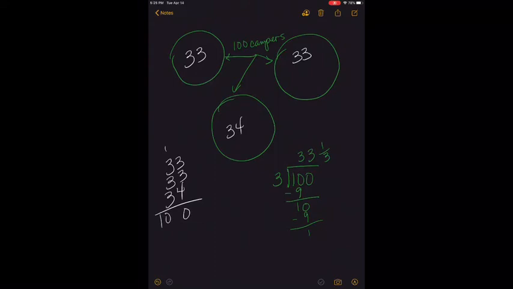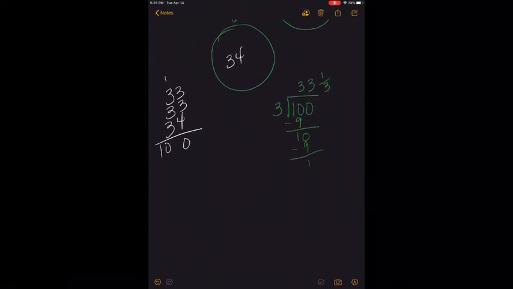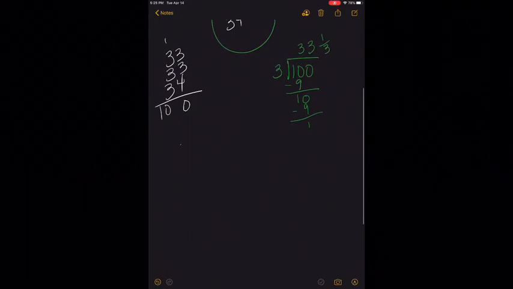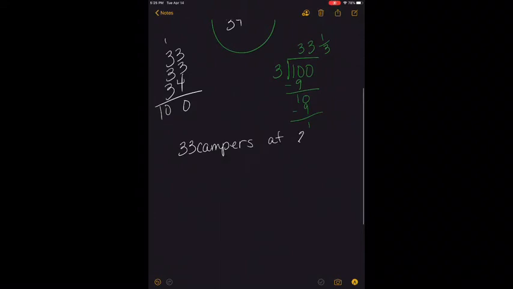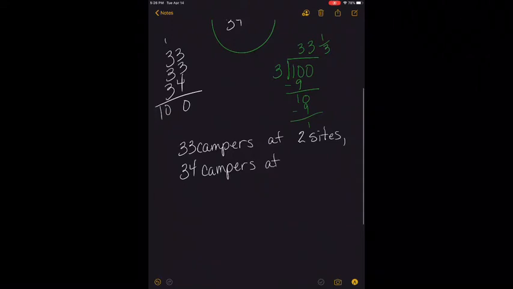So your answers for problems like this aren't going to be one number. They're going to be an explanation. I can have 33 at 2 campsites. So if I was going to write out, let's say this was my homework assignment, I would say 33 campers at 2 sites, 34 campers at 1 site.